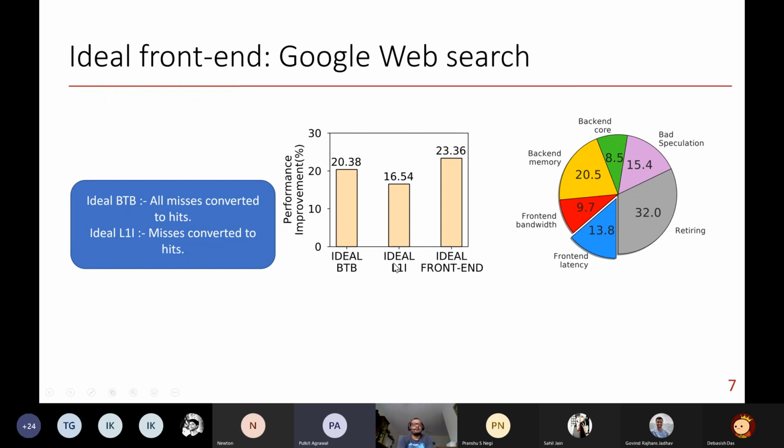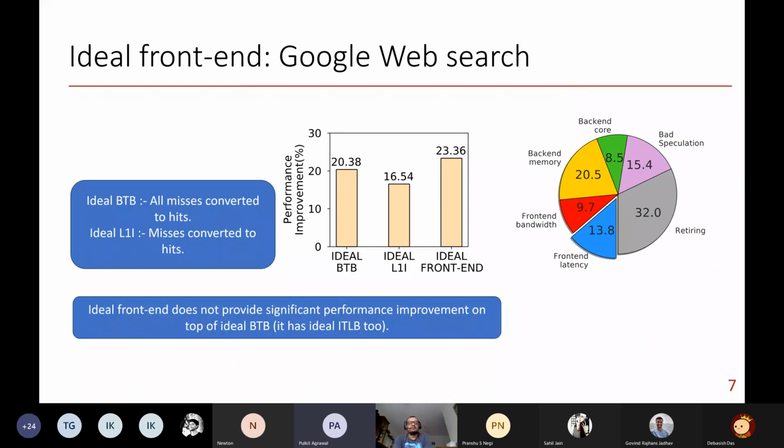There is also the ideal ITLB, because of which there is no translation miss when you are requesting code. In total, there is still a huge performance gap between what can be achieved and what is there in the current state of the art, even in modern processors.